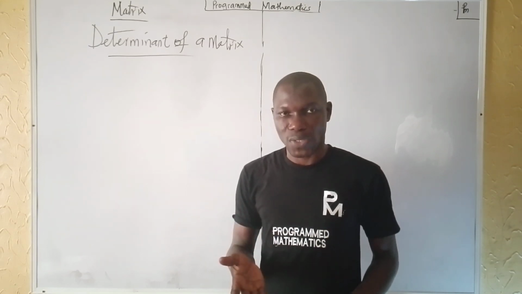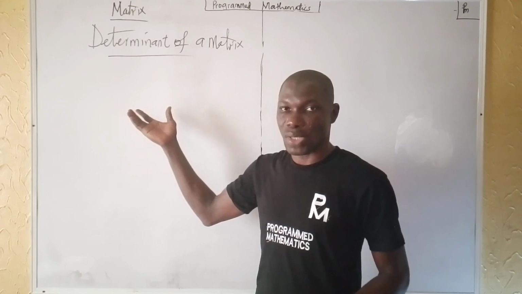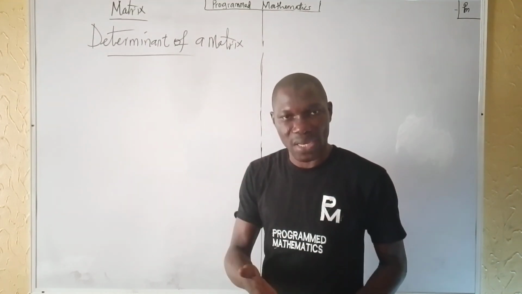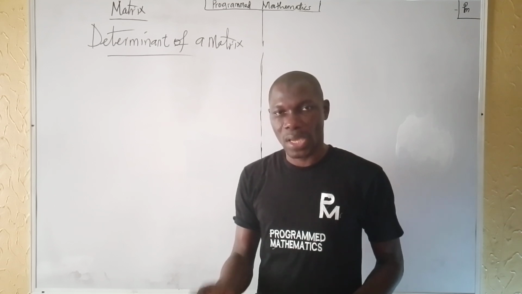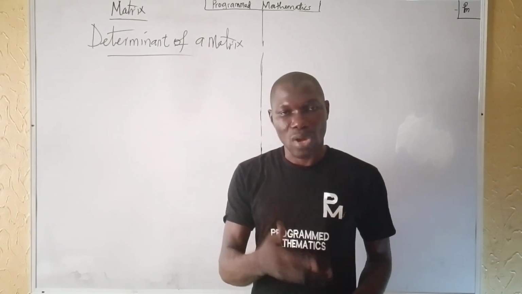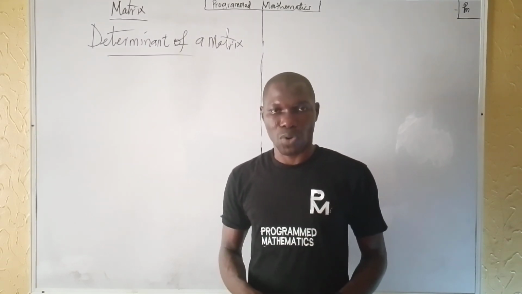Why is the inverse important? If you must solve simultaneous equations, for instance, using matrix method, you must be able to find the inverse of the matrix. So if the inverse of the matrix does not exist, it therefore means that you cannot use that matrix to solve the simultaneous equation problem.